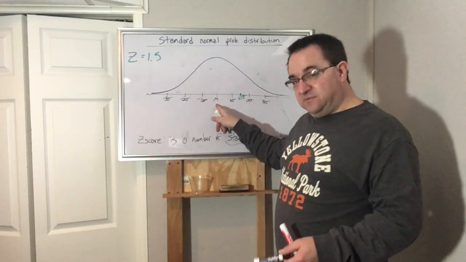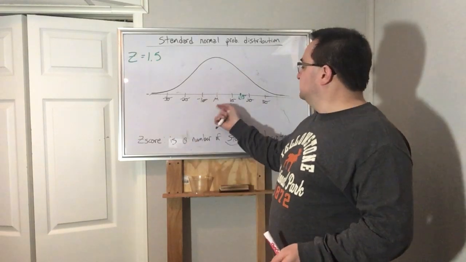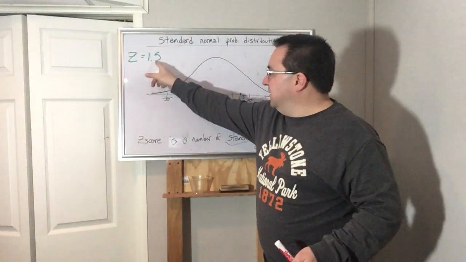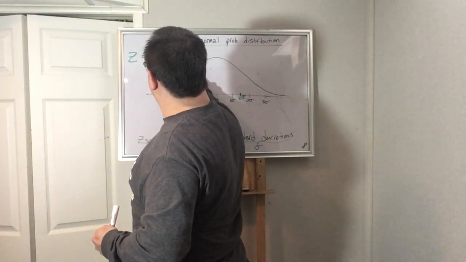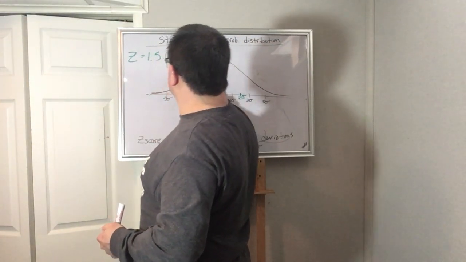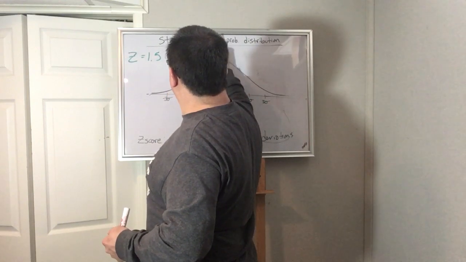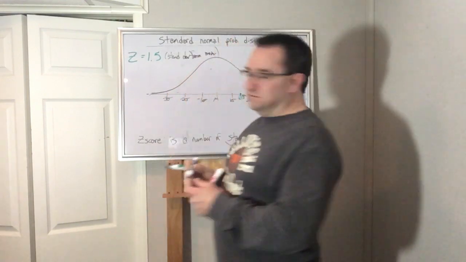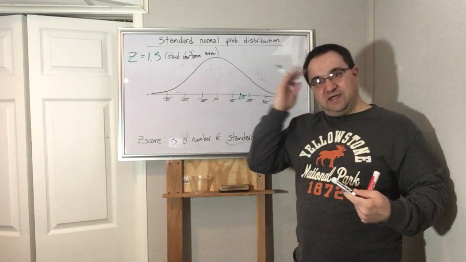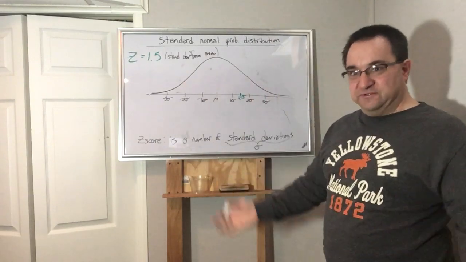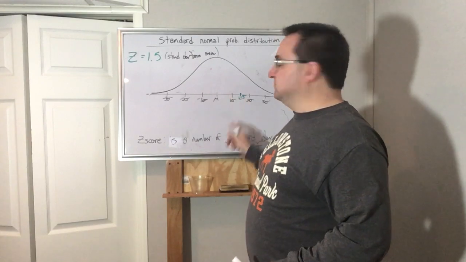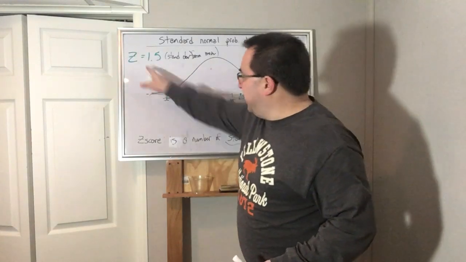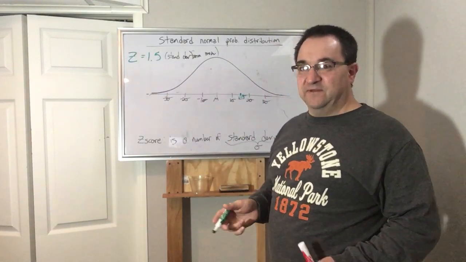If mu is like 0, this is 1.5 standard deviations from the mean. We don't say that, but that's the part in your head you've got to understand. 1.5 means 1.5 standard deviations from the mean, and it was positive, so it's over there on the positive end.